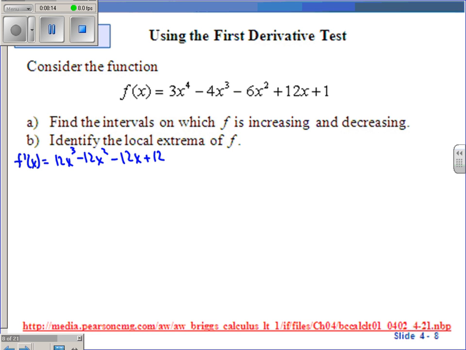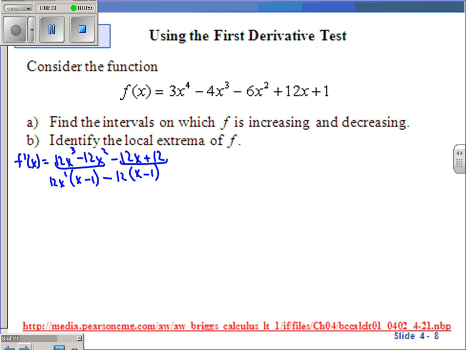Well, I see that I could factor this by grouping, so I'm going to group the first two and the last two and take out common factors. So 12x squared times (x minus 1), minus, now I'm going to take 12 out of the next one, 12 times (x minus 1).